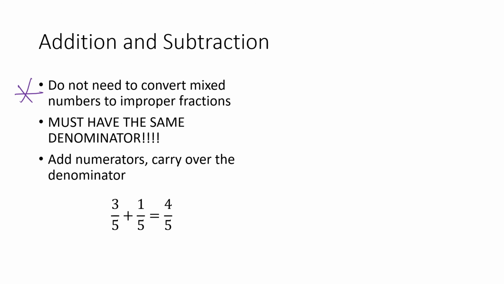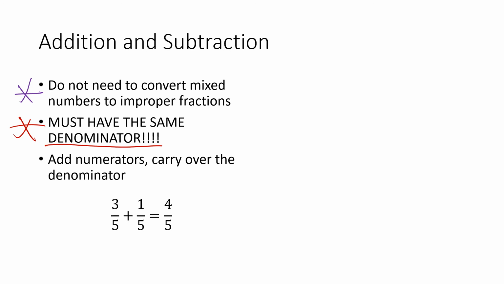That was kind of our big guiding rule for multiplying and dividing with fractions. For adding and subtracting, we can keep our mixed numbers mixed numbers. The big rule that now guides us here is they gotta have the same denominator. Right? You cannot add fractions together that don't have the same denominator.